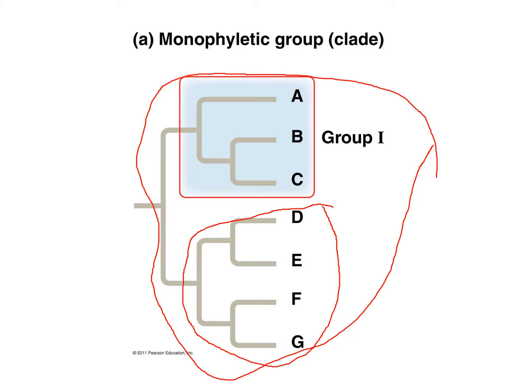So those are really the only three valid groups we could recognize in cladistics. If you created a group that included, let's say, A, B, C, and D, but excluded E, F, and G, that is not monophyletic. That is a no-no.